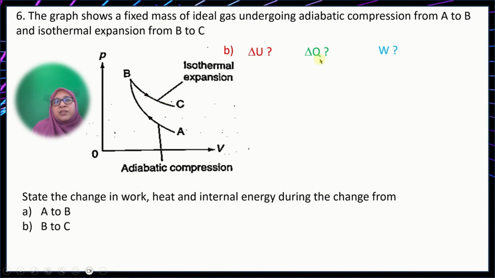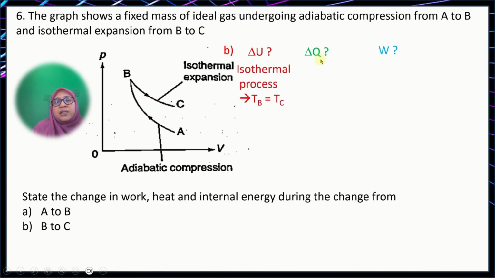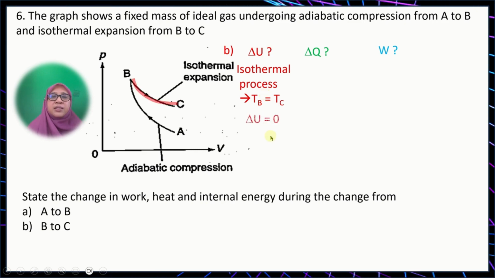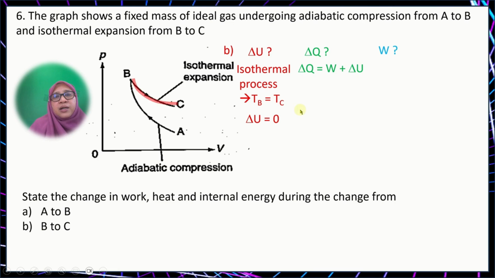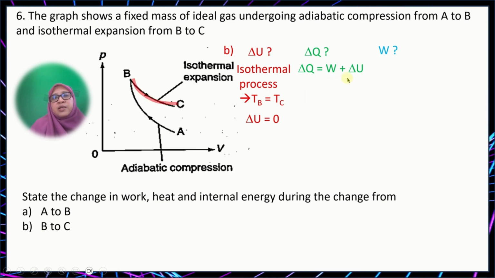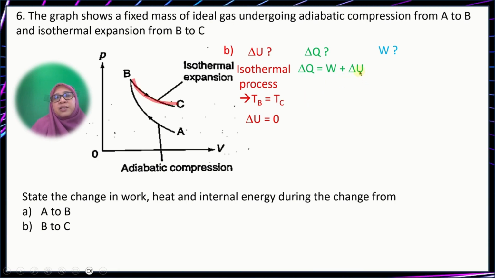Okay, so next we are going to find the change in delta Q and the work done. For the change in internal energy, we get 0. For delta Q, we can use the first law of thermodynamics: delta Q equals work plus delta U. So if delta U is 0, the work is equal to delta Q. The work done is positive because, looking at the arrow, this is expansion.